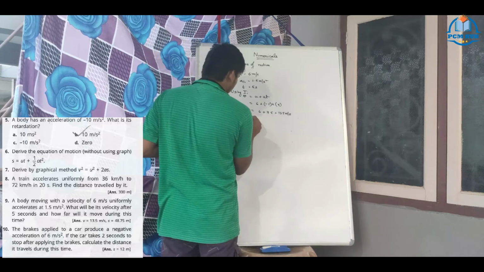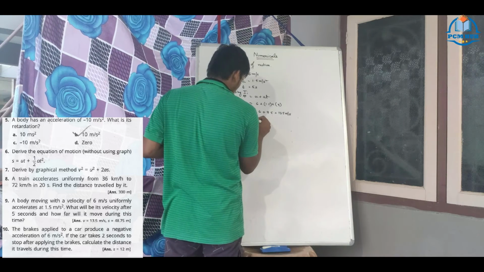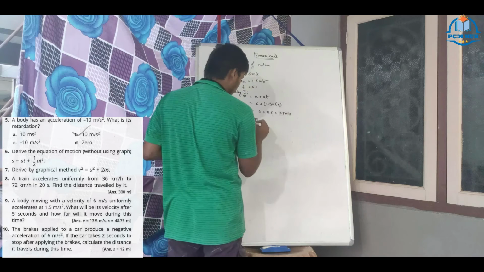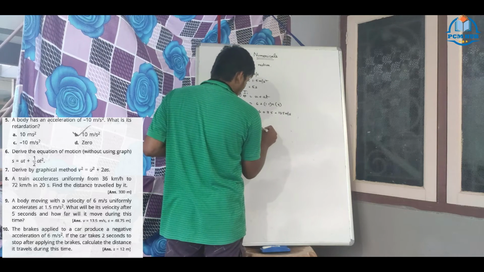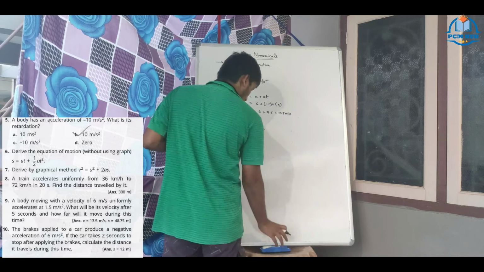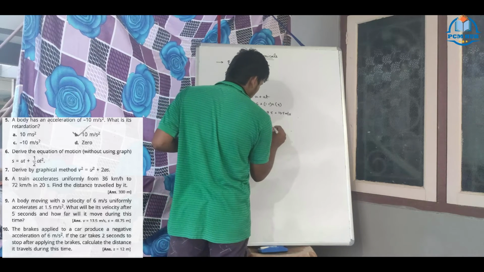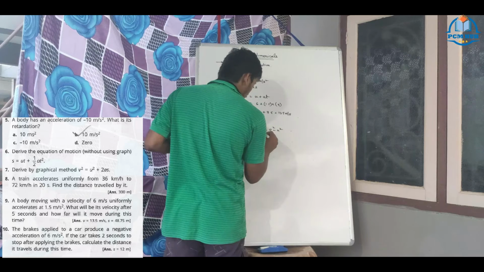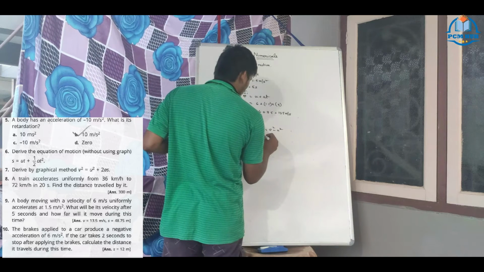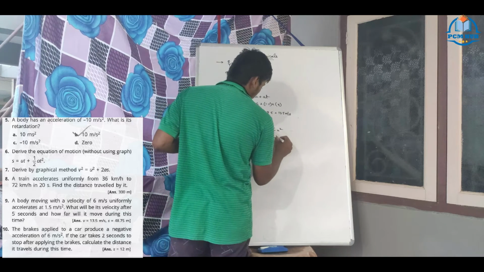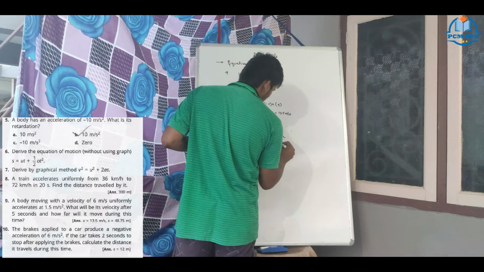So using identity 3, correct: 2as equal to v square minus u square. So we need s equal to v square minus u square by 2a.